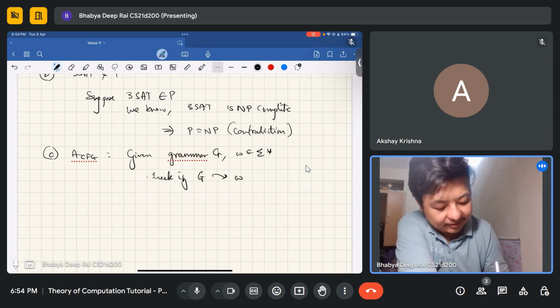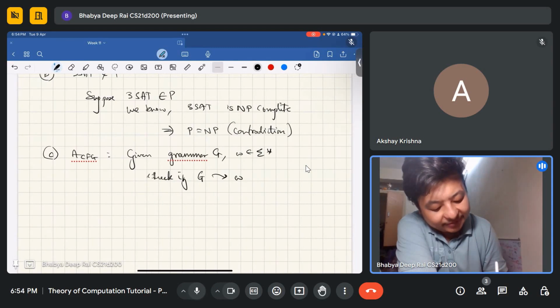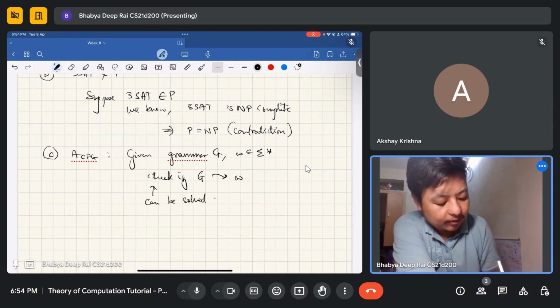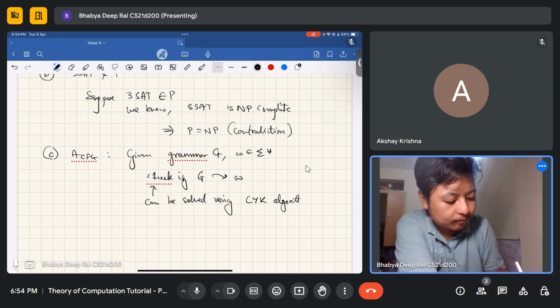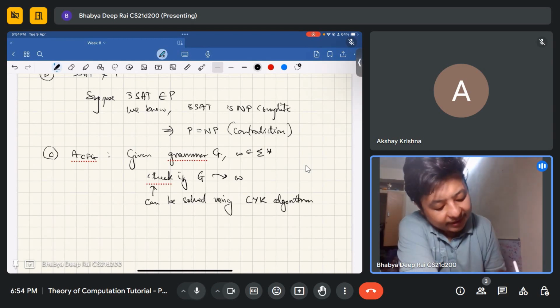This can be solved using the CYK algorithm. How much time does it take? It takes order n cube time.